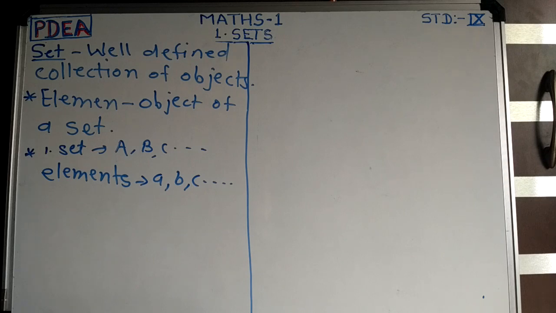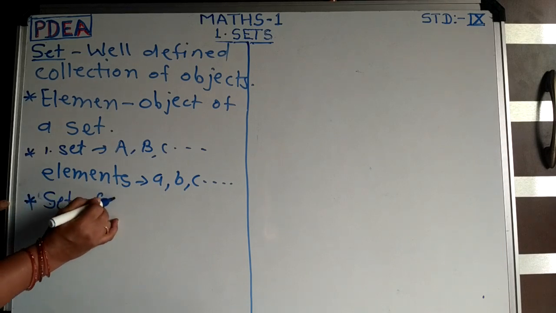In 8th standard, you learned about the types of numbers. First one is counting numbers, which are called natural numbers.